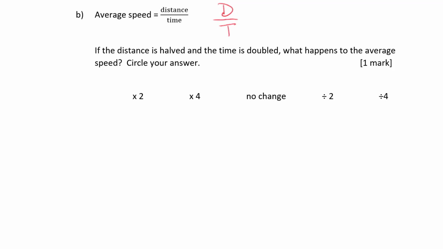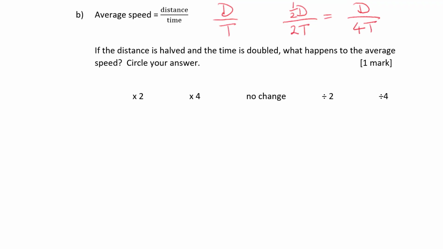So now I've not got d, I've got a half of d, and I double the time. So half d over 2t. Basically I've got d over 2 divided by 2t. That's going to be equal to d over 4t.